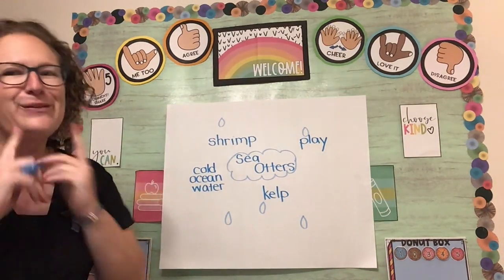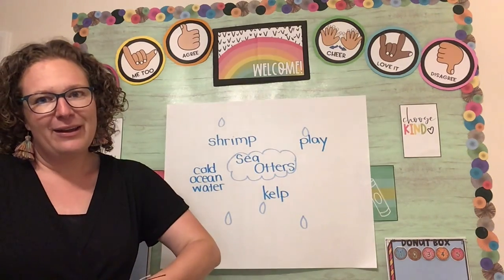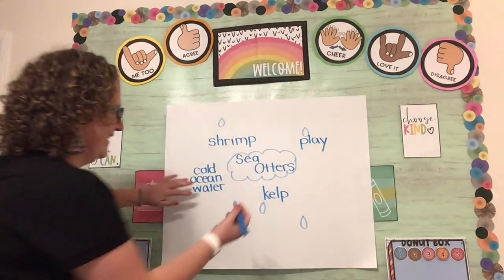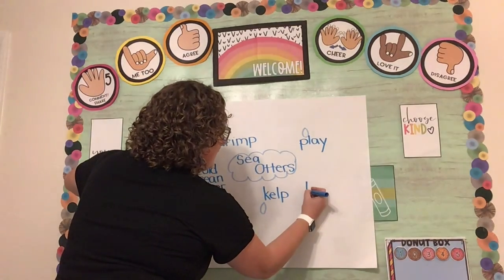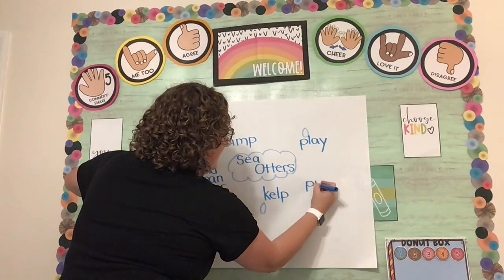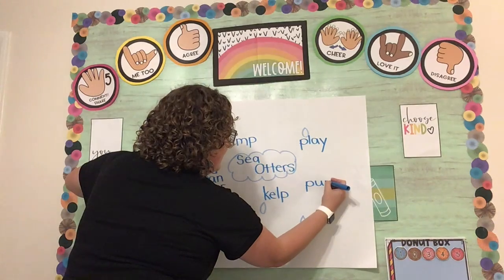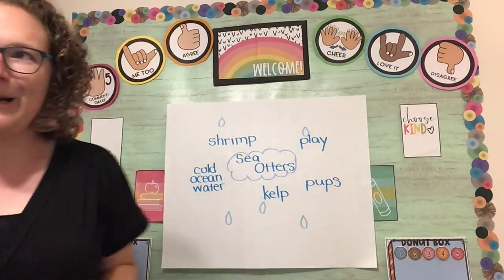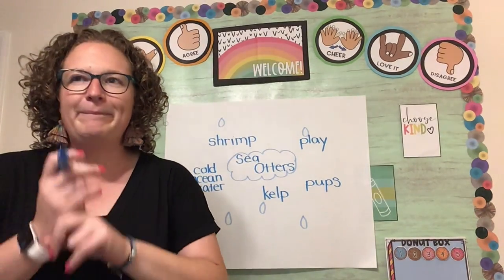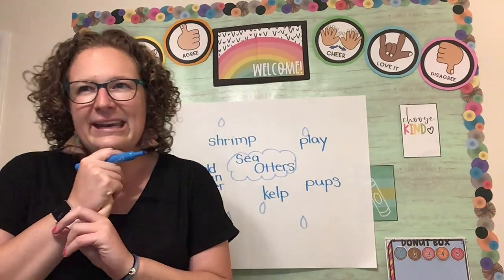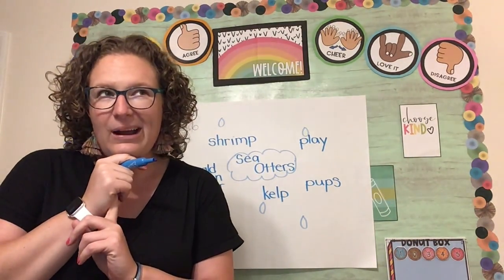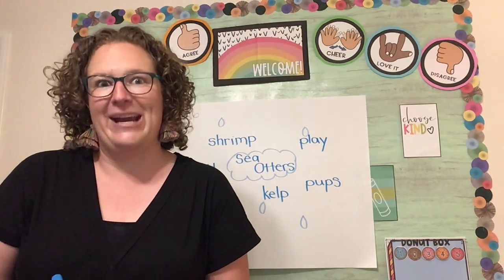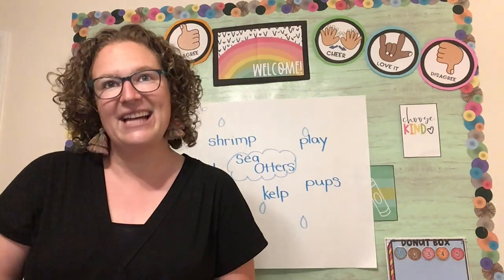What is something else? What are their babies called? Yes, pups. Great job. I think we can add one more. Think about something they do. I thought it was really sweet when I saw this and read it in the text.